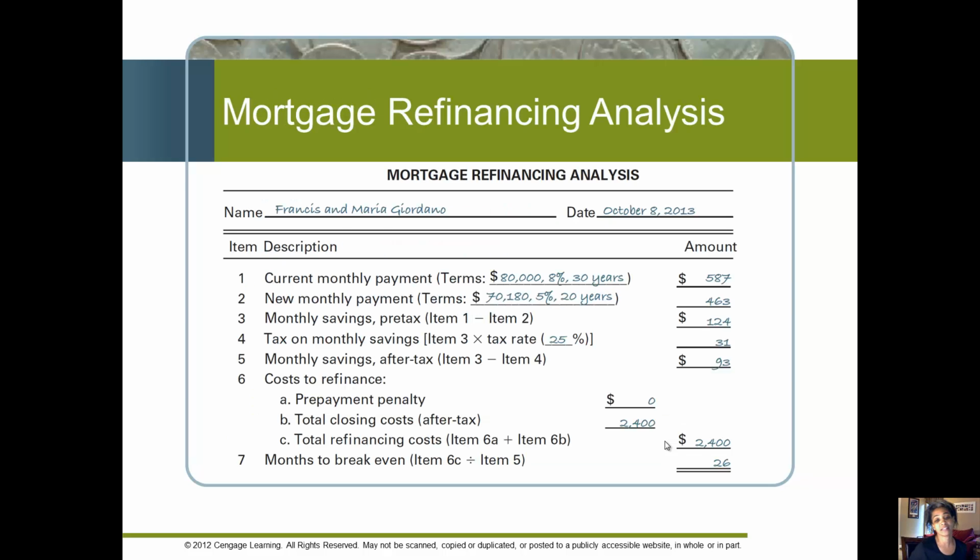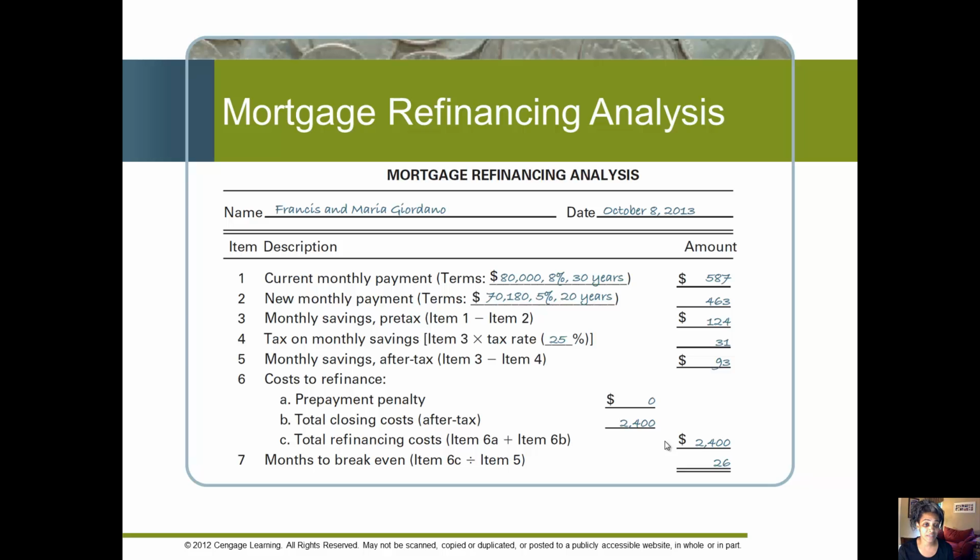So here's an analysis that you can do to figure out if it makes sense to refinance. You put in your current monthly payment and then what the new monthly payment would be, and you figure out what your monthly savings would be. That's the difference between the current payment and the new payment.